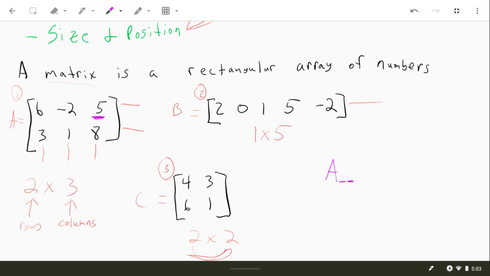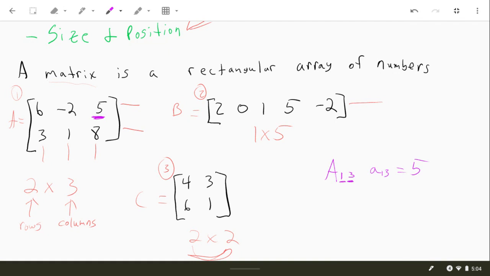It is in the first row, and it is in the third column. So it would be A, and then subscript 1, 3. I'm pretty sure they use lowercase, if I'm not mistaken. I probably should have looked that up first. But I think it should actually be a, and then 1, 3 is the number 5.